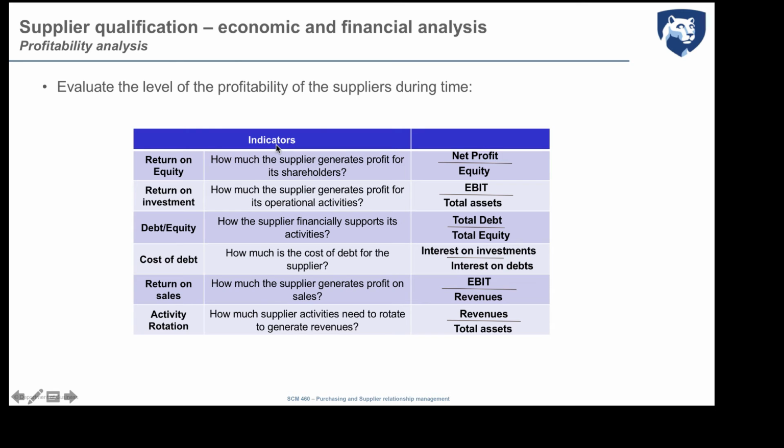If the result is 2, it means that to generate this level of revenue, you need to use on average each asset 2 times.